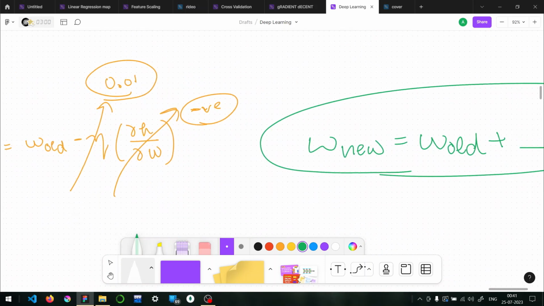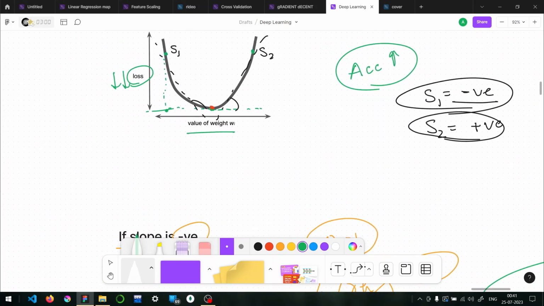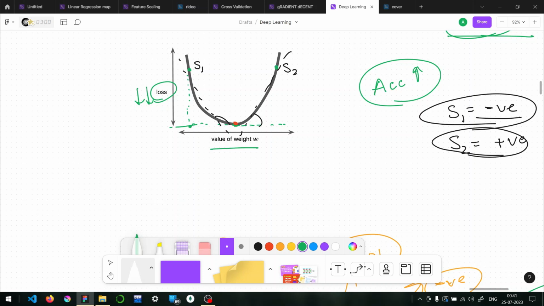We know that W new is going to be incremented by some value, so it is going to be more than its previous value. According to that mathematical equation, the value is going to lie here after this step. Then the value of the loss function will decrease, so it is approaching the optimal solution from the left-hand side.